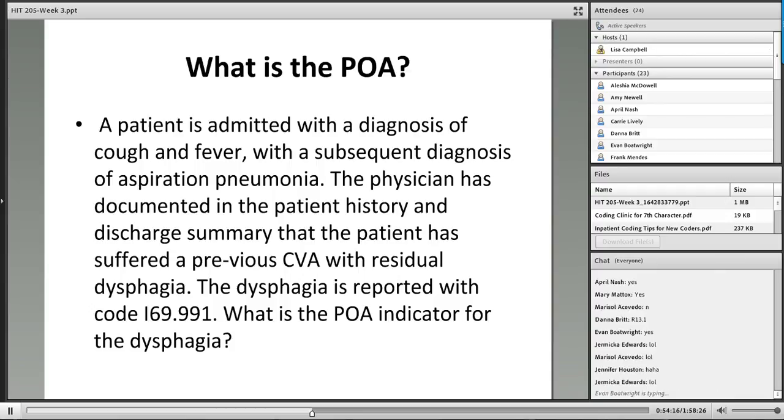I am looking at the exempt list in the guidelines, page 110 in my big packet. If you're in the physical coding manual, look for the categories and codes exempt from the diagnoses present on admission requirement, page 31.